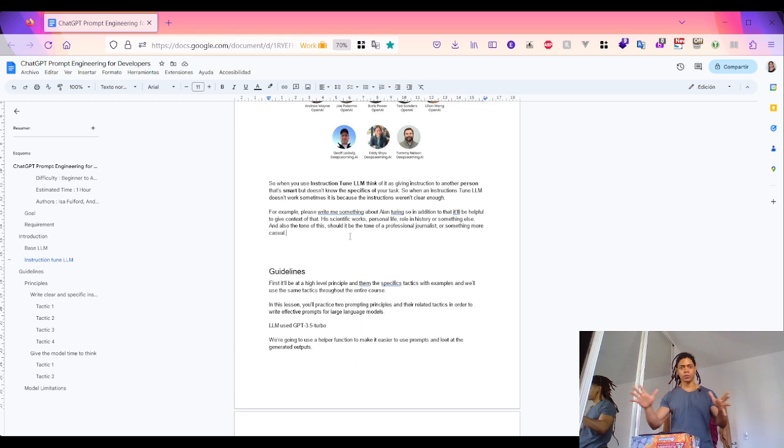And then the topic itself about LLMs, how they are labeled in two types.